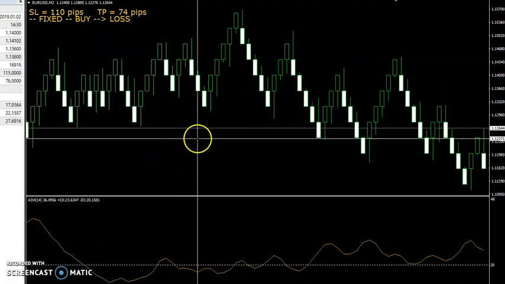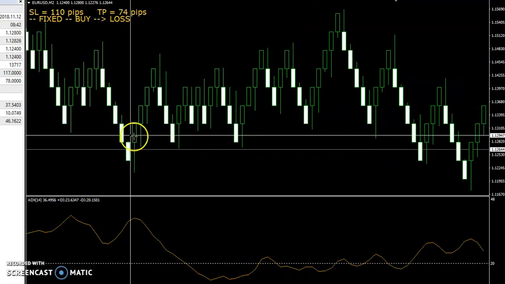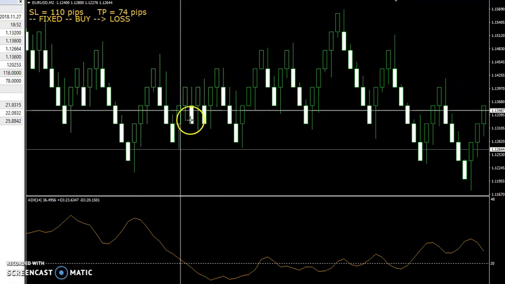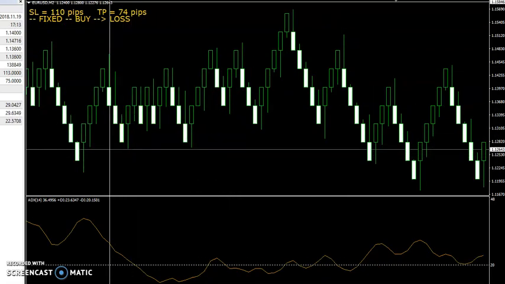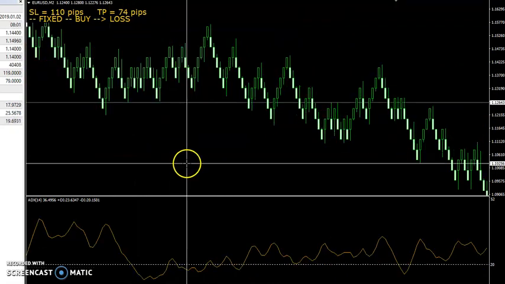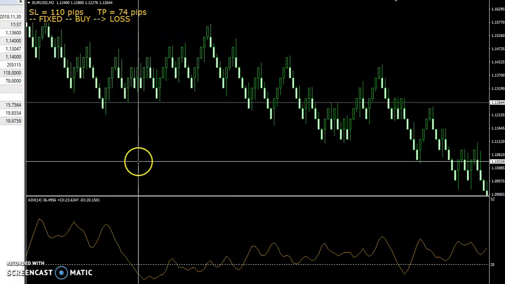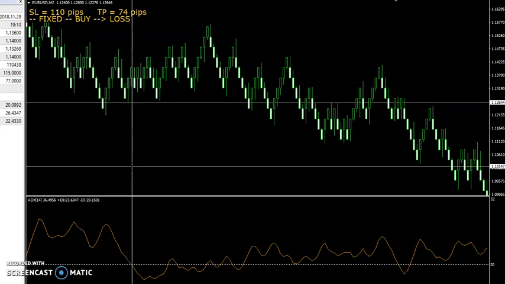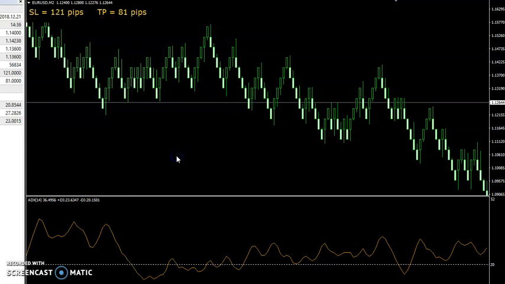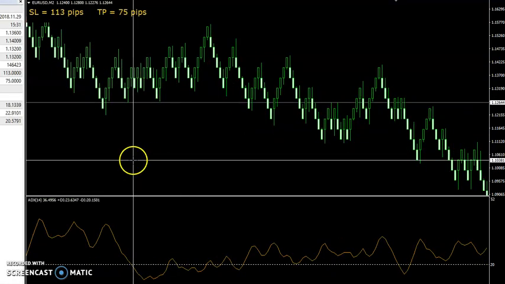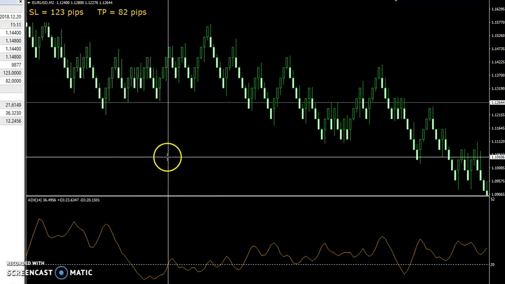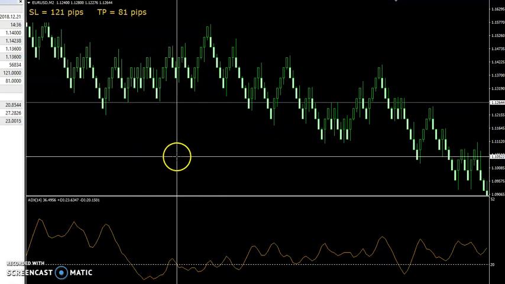Here, see, now the market has been choppy for a while, and it's really keeping you out of all this. Let me zoom out so it's more clear. It basically kept you out of taking any trade from here to here, so it avoided all the losses you would have got here.